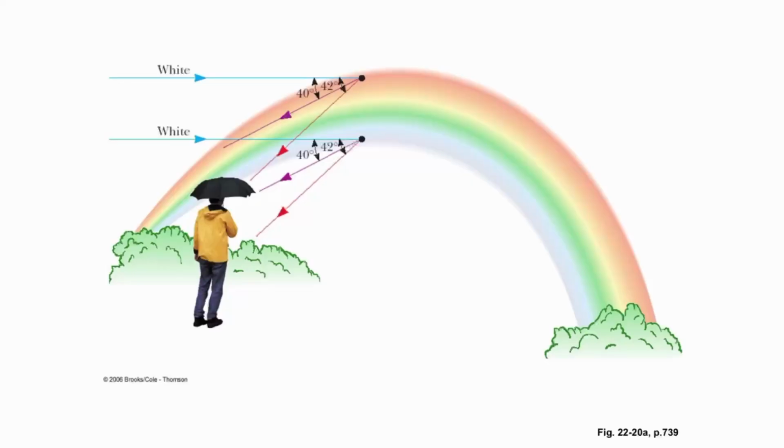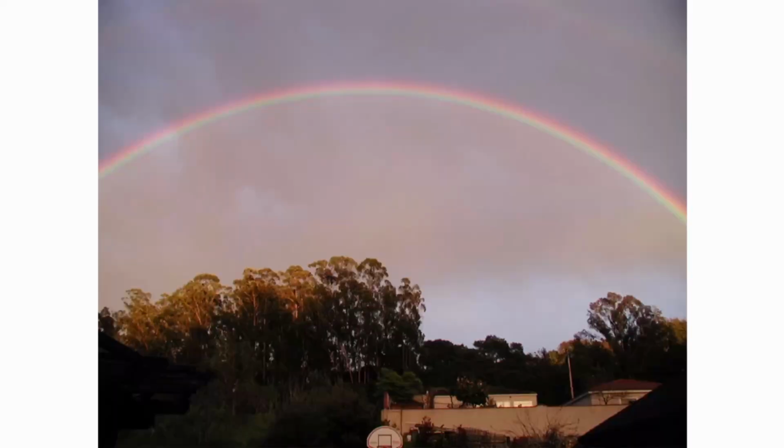And so there's a 2-degree difference between the red and the blue as it comes out, which means a rainbow always takes up 2 degrees of your field of view. In other words, a rainbow always appears to be the same distance from you.